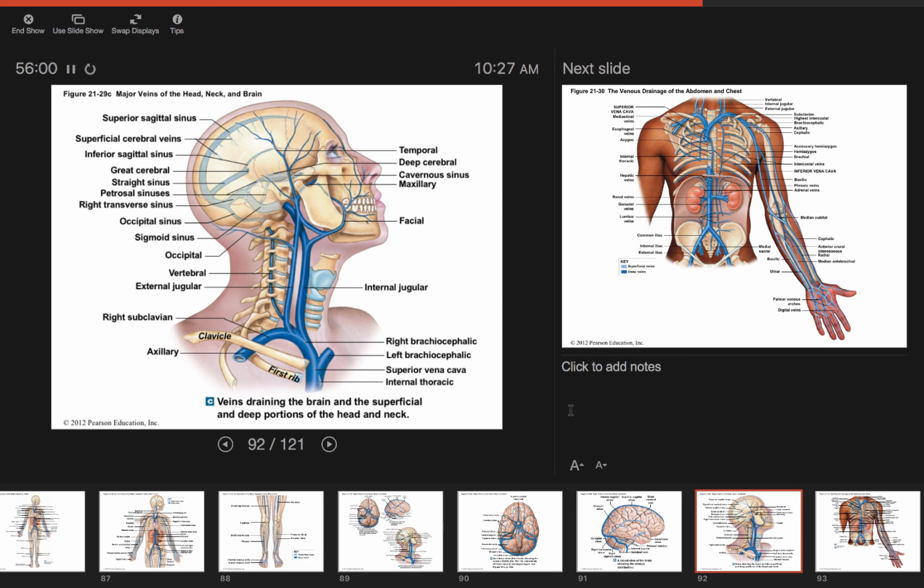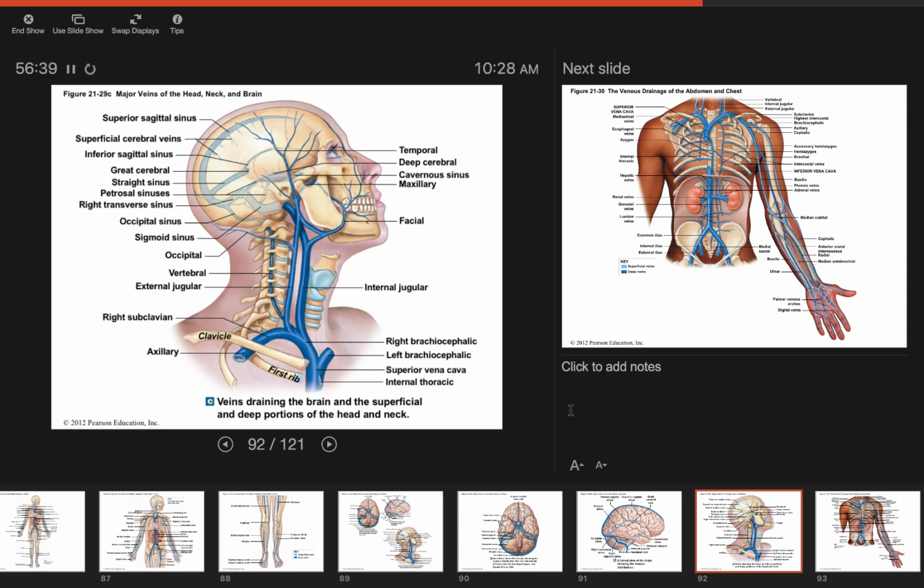They're draining blood. And then we have this one, which is called the external jugular. So it's draining blood from the outside of your head, right? So that's one right here. This is the external jugular vein. Okay? And then we have this one here, and this one's called the subclavian vein. Okay? So when we look at all four of these veins that are draining into this brachiocephalic vein, we can take the first letter of each word, I for internal, V for vertebral, E for external, S for subclavian.